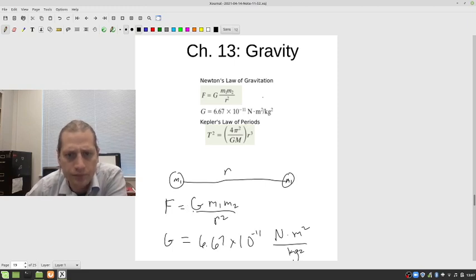And the nearer the objects are together, the bigger the force.